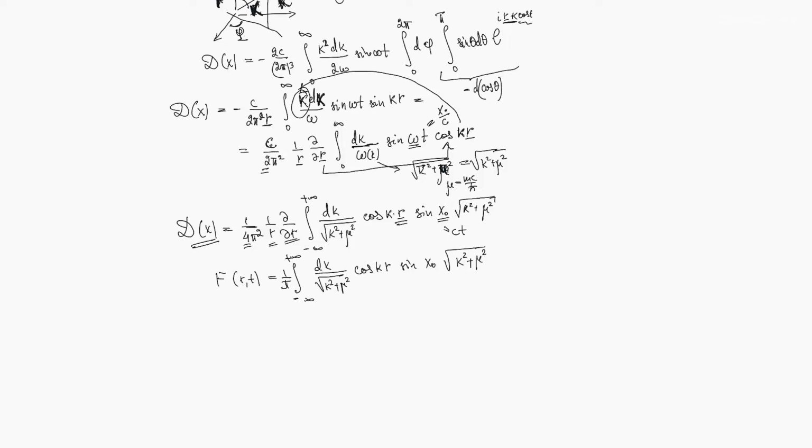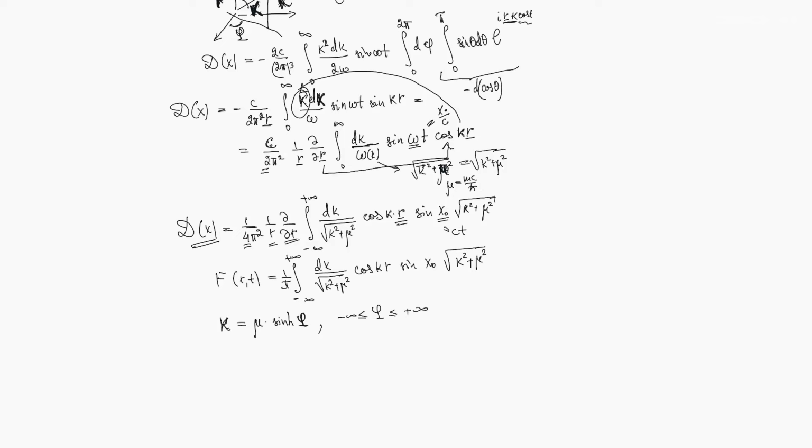And the way to do it is to introduce the following change of variables. So k, I write as mu multiplied by sinh of a new variable phi. Well, it's not actually an angle, it's just a variable, which is supposed to run from minus infinity to plus infinity, because in this way, sinh of phi will cover the full range of the variable k, also from minus infinity to plus infinity.